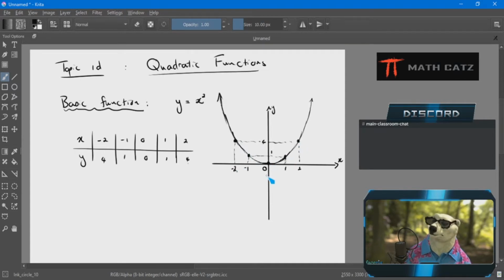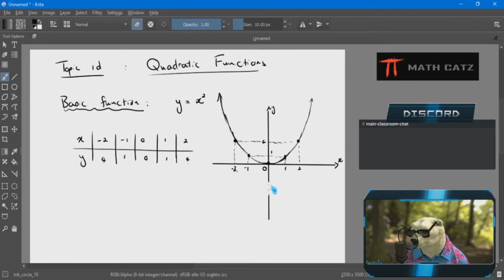All right, so I have my parabola. That should look fairly familiar. Sorry, that's not a -4, it's just a dotted line. And I can have many more points. It's defined for any x value. I can plug in any x value, square it, and I'll get a y value. Pretty straightforward stuff, assuming we remember.